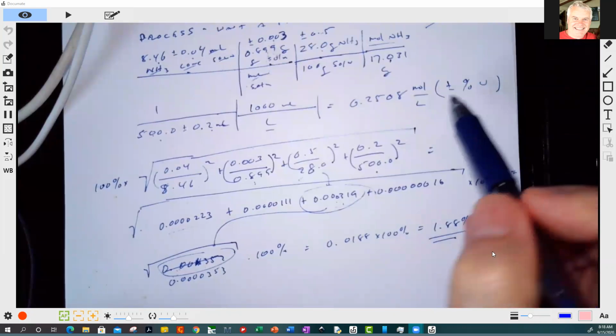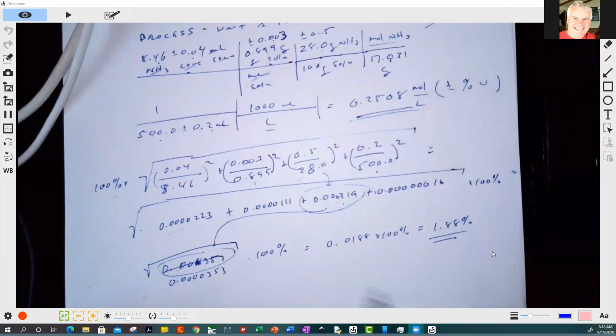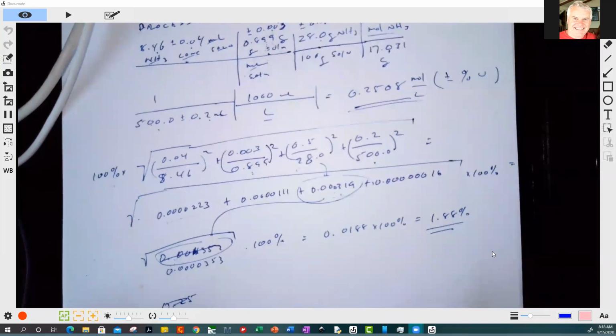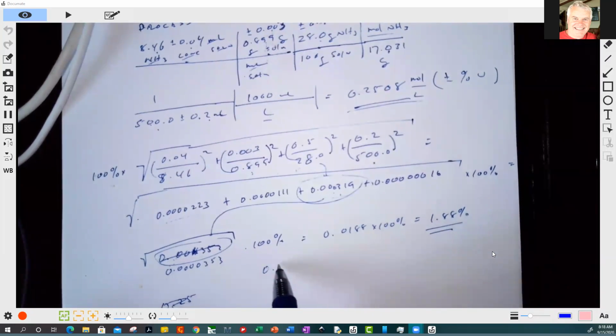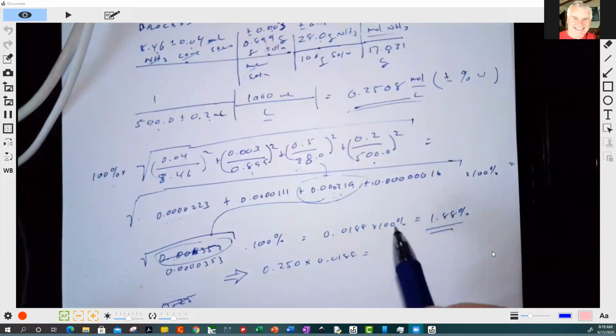1.88% is the uncertainty in this answer here. So let's see, we've got 0.250 times, this is no longer equal, we're just going to use this result, 0.250 times 0.0188 equals 0.007.